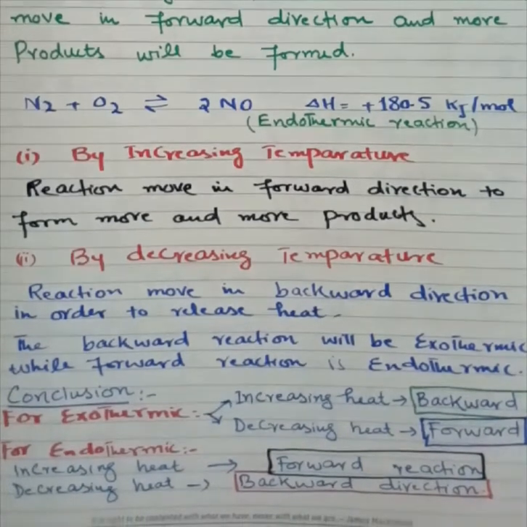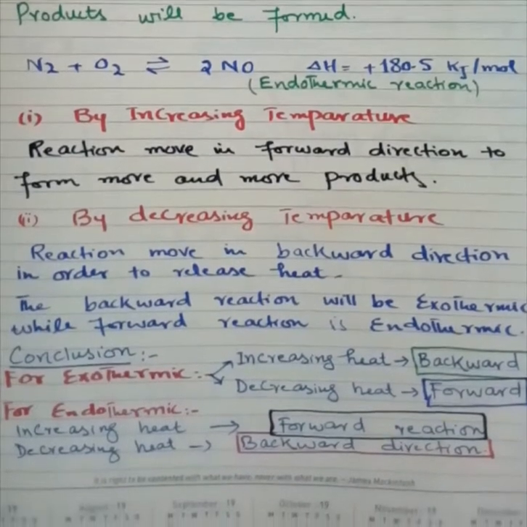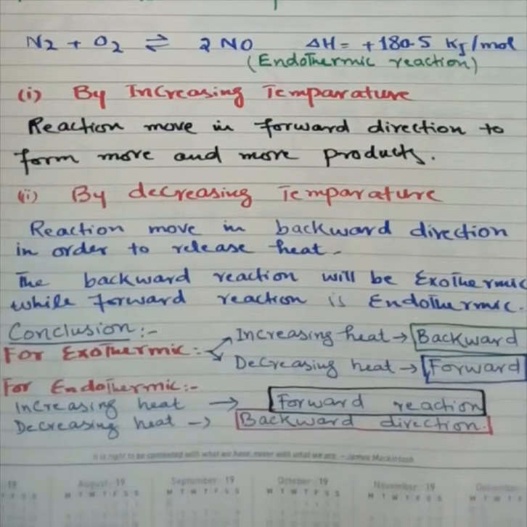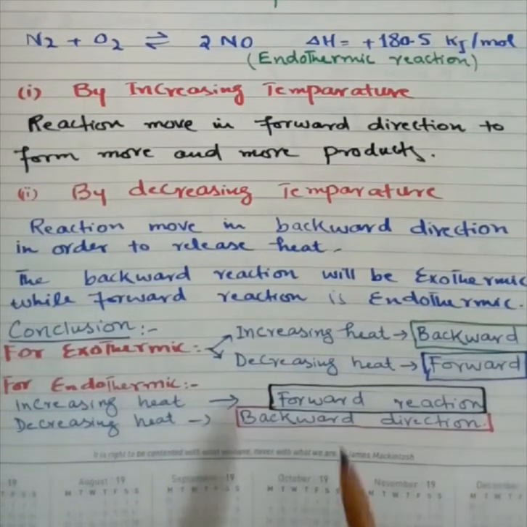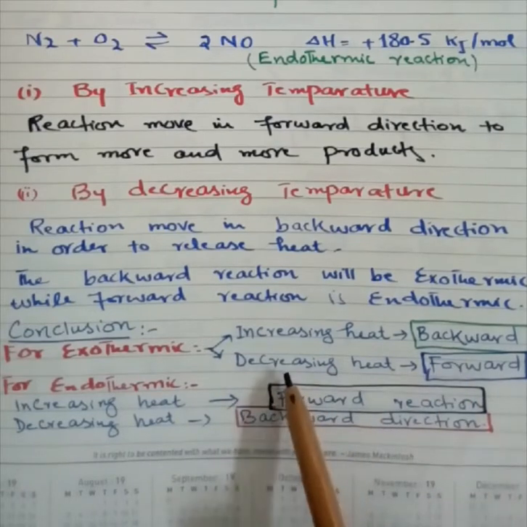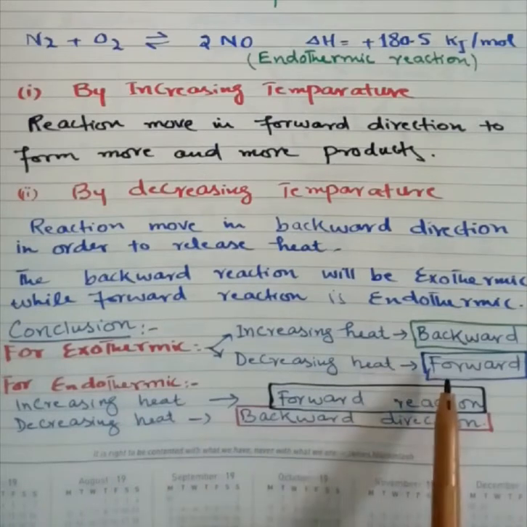So the conclusion which is drawn from this whole discussion is that for an exothermic reaction, if we increase the heat or increase the temperature, the reaction will move in the backward direction. Once we decrease the heat for an exothermic reaction, the reaction will move in the forward direction.